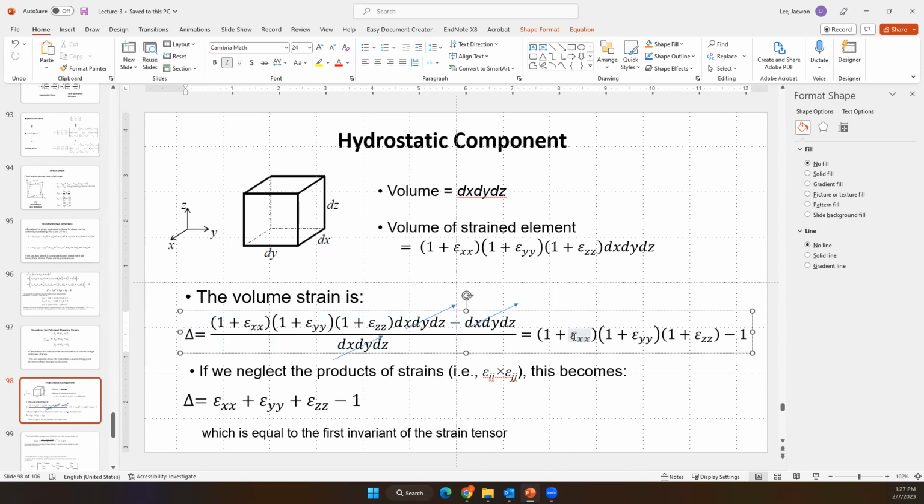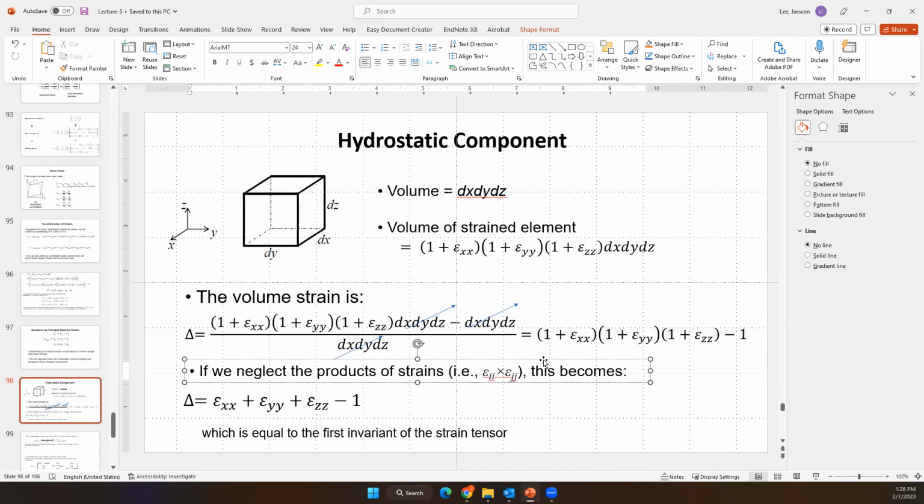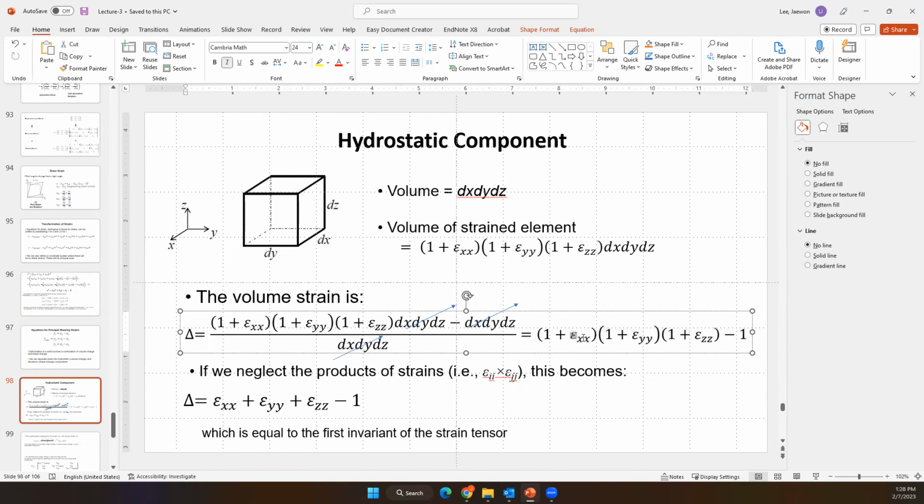If we just focus on the strain xx, strain yy, and zz, the products are neglected. So we don't think about the strain xx times strain yy times strain zz.